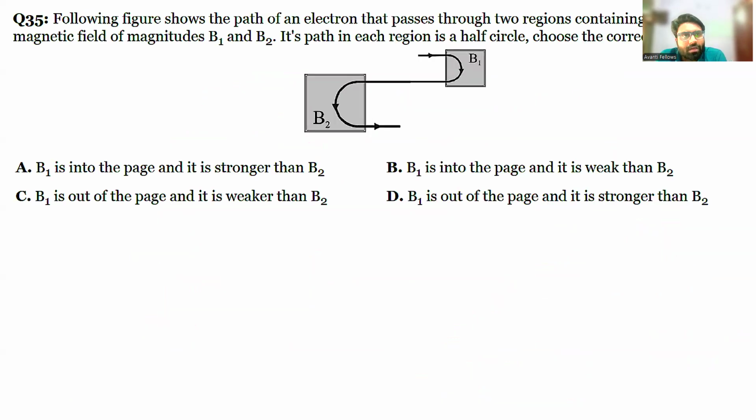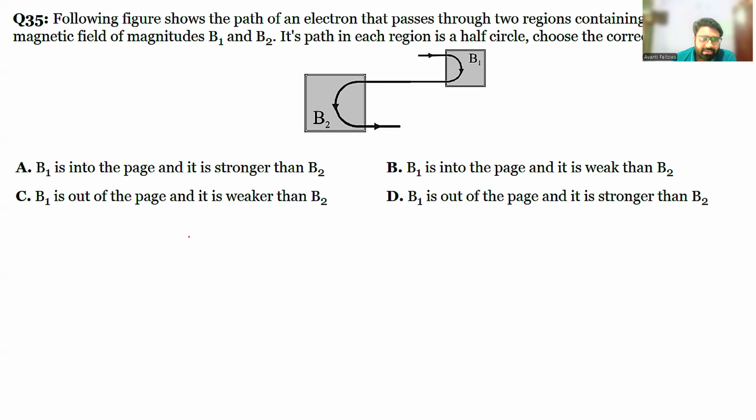Now this one. The following figure shows the path of an electron that passes through two regions containing uniform magnetic fields of magnitude B1 and B2. Its path in each region is a half circle. Choose the correct option.